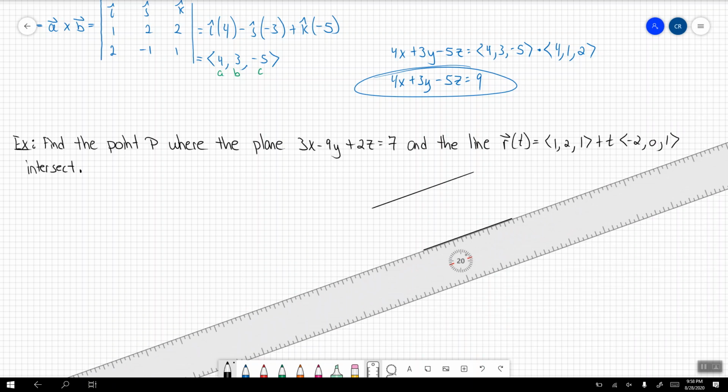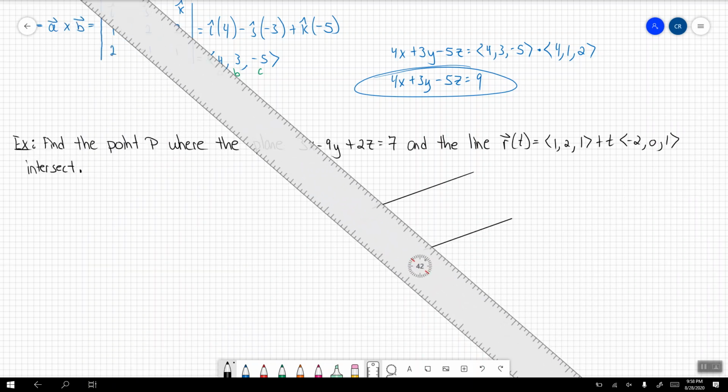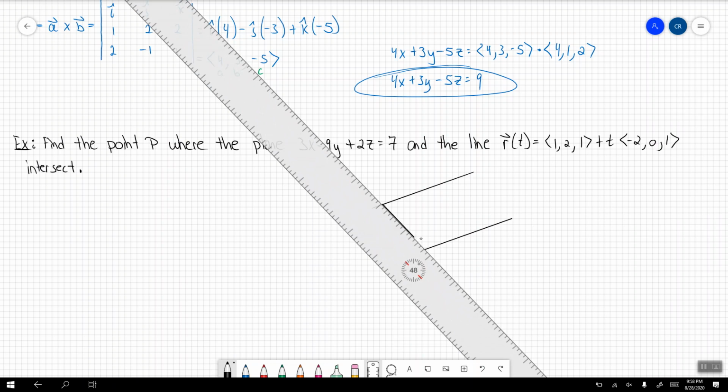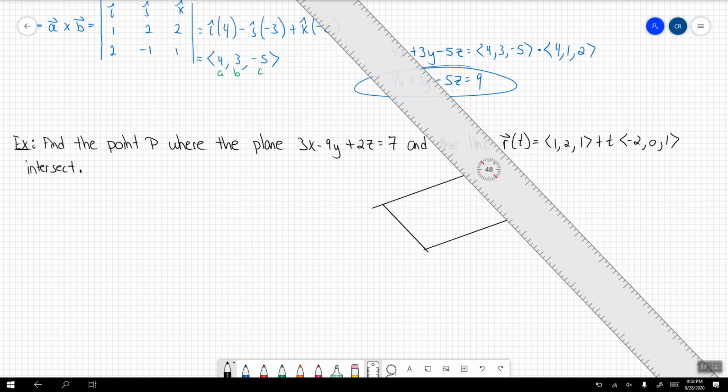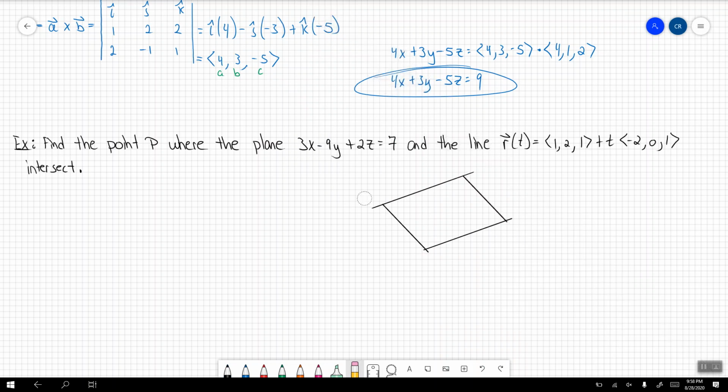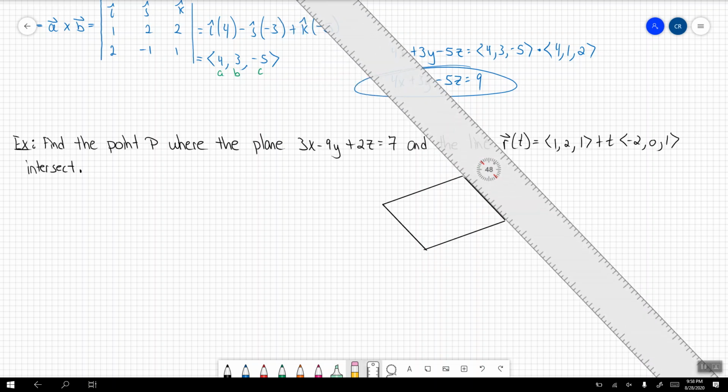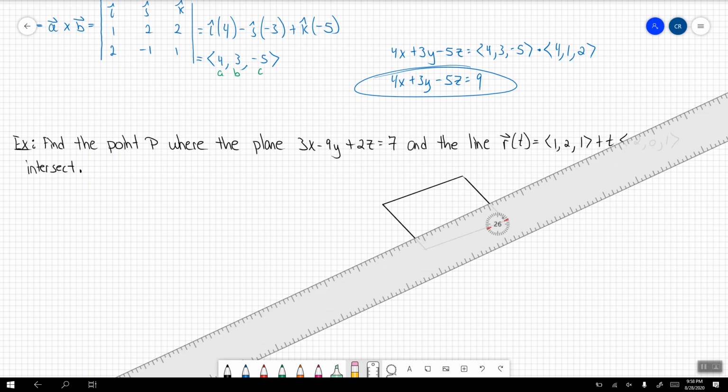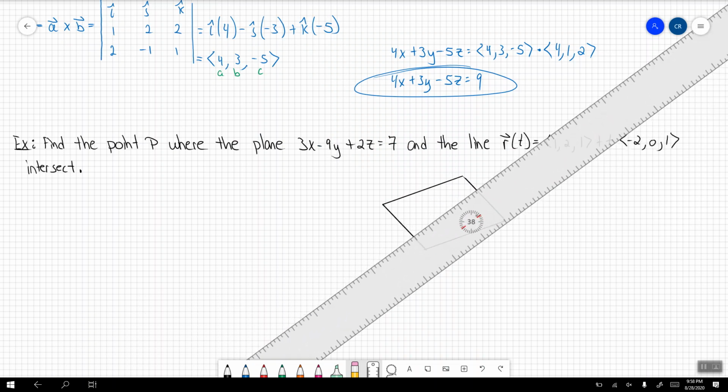All right. So here's my plane. There we go. So we have some plane here, and we know that we're going to have some line that's going to be intersecting this plane.